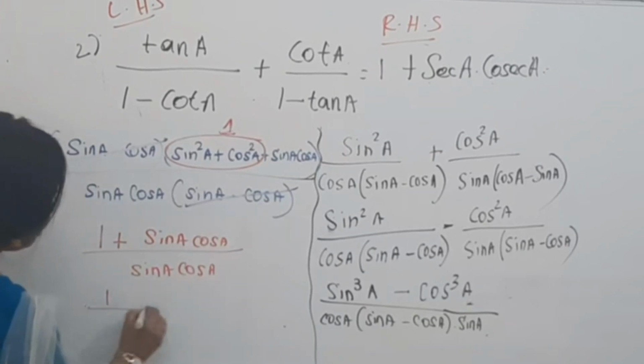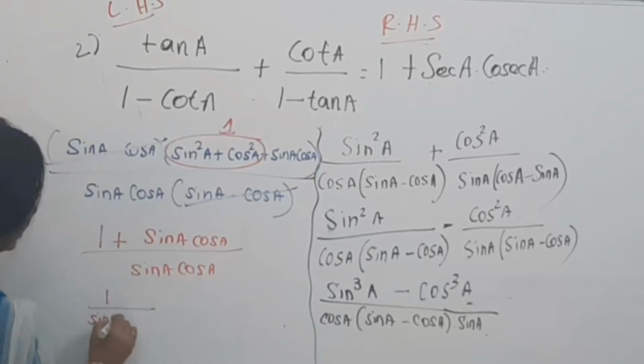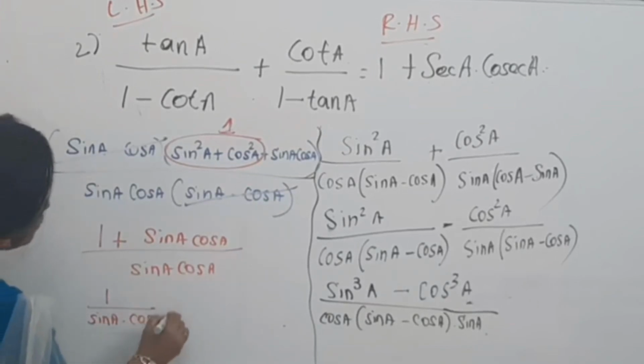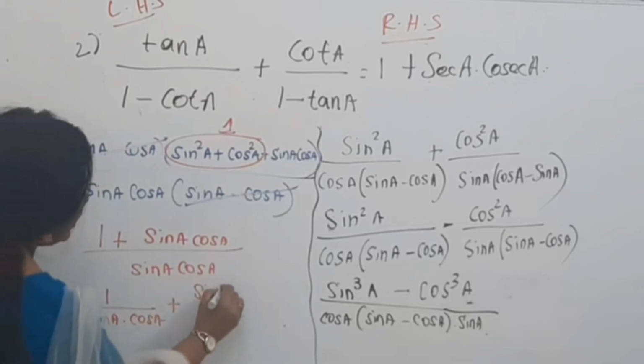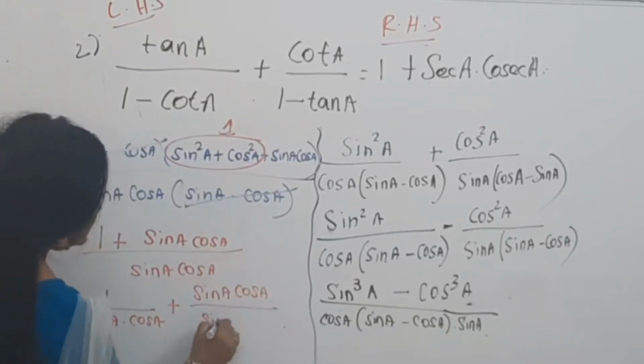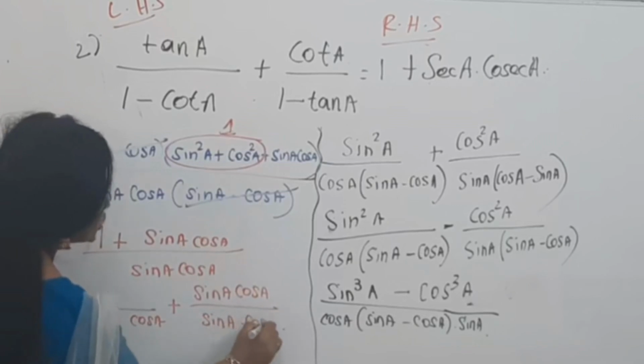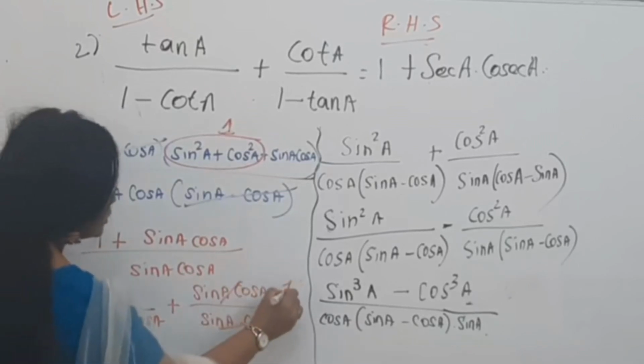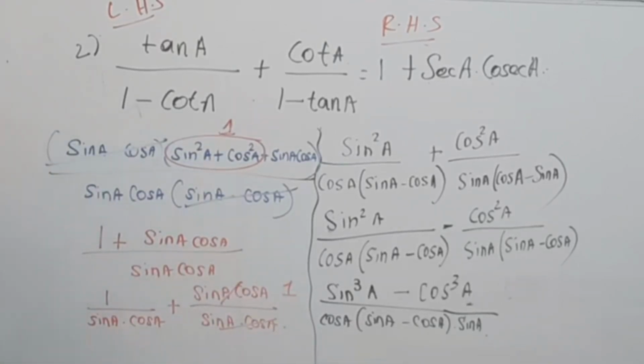So I will have 1 by sine A cos A plus sine A into cos A, the whole thing divided by sine A into cos A. This gets cancelled, this becomes 1 altogether.